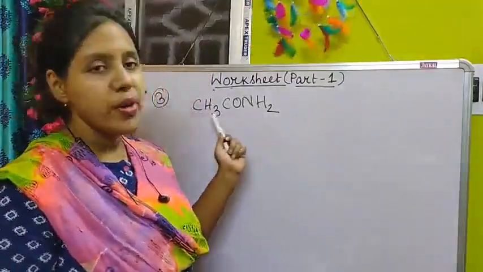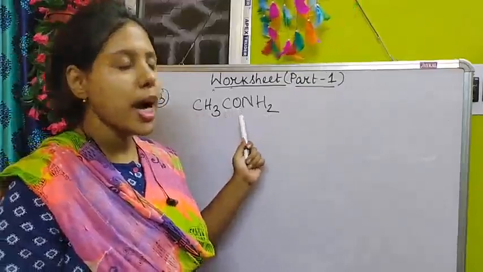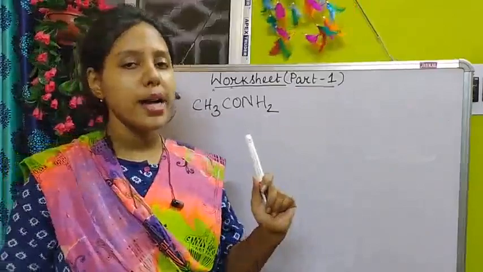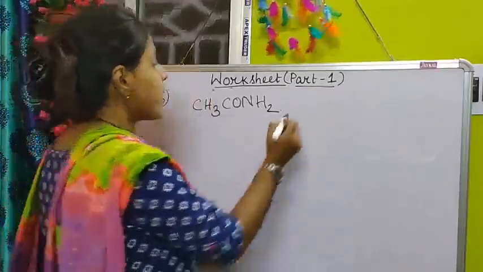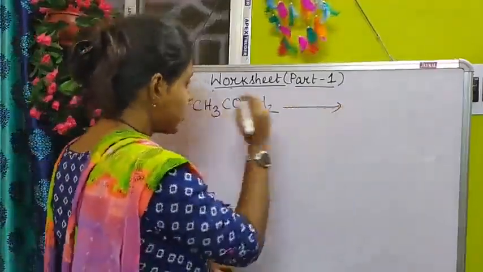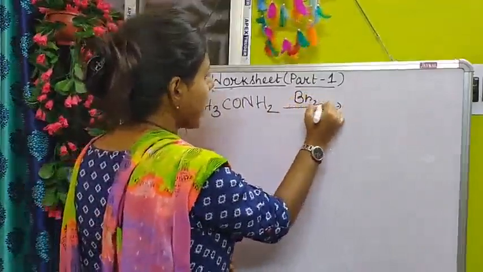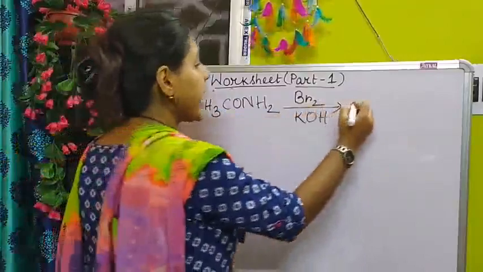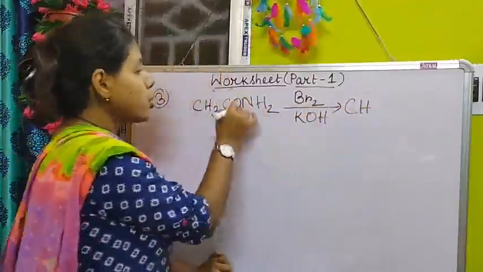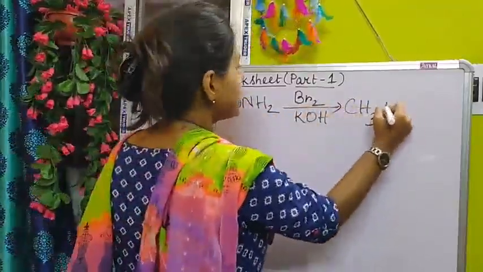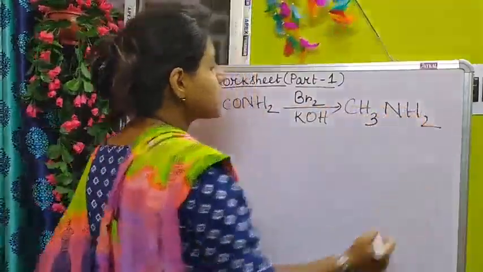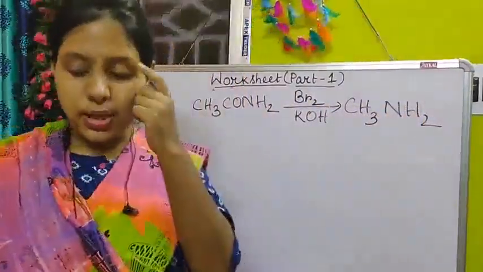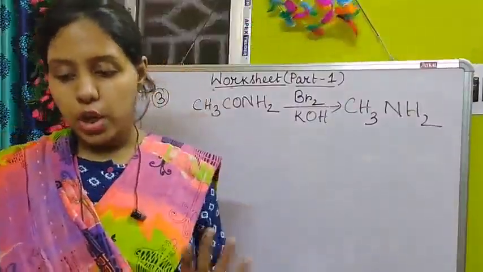In the parent compound, we could see here the presence of 2 carbons, but after Hofmann degradation, there will be the removal of 1 carbon atom. So what are the reagents that we have to use here? That is bromine in presence of potassium hydroxide. Okay, so after that there will be the removal of CO group. So here we will be getting the primary amine, that is CH3NH2. This has already been discussed in your notes.